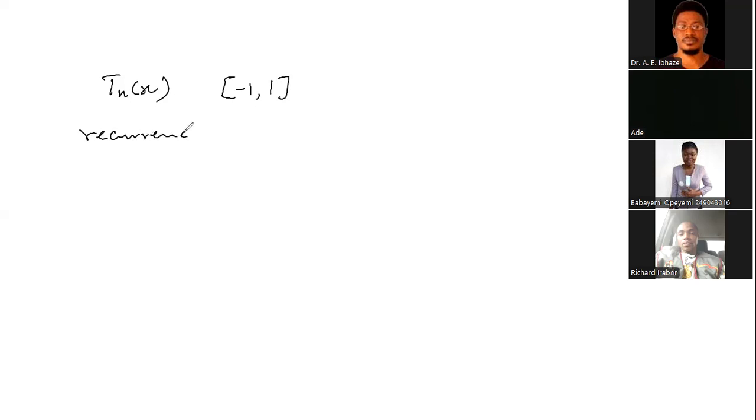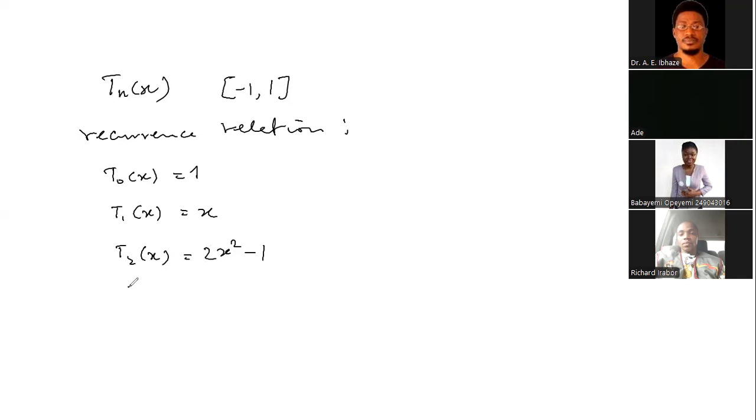So the recurrence relation: T0 of x is the same as 1. T1 of x is the same as x. T2 of x is the same as 2x squared minus 1. T3 of x is the same as 4x cubed minus 3x.